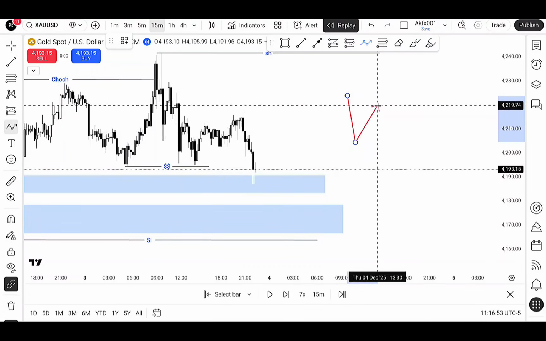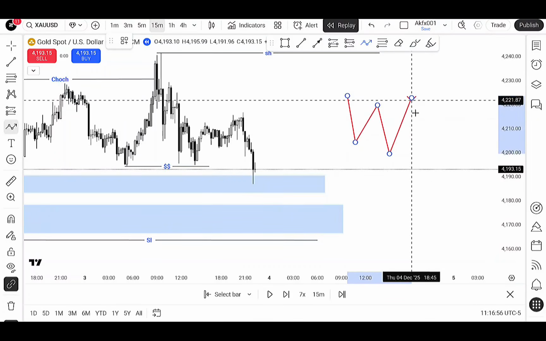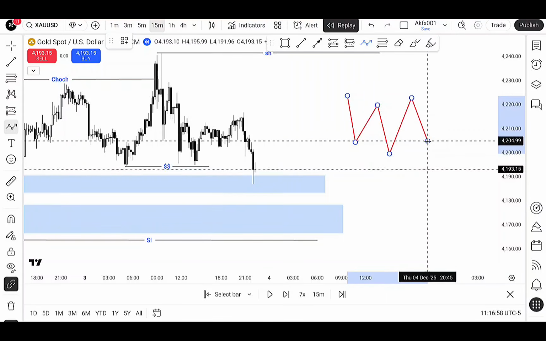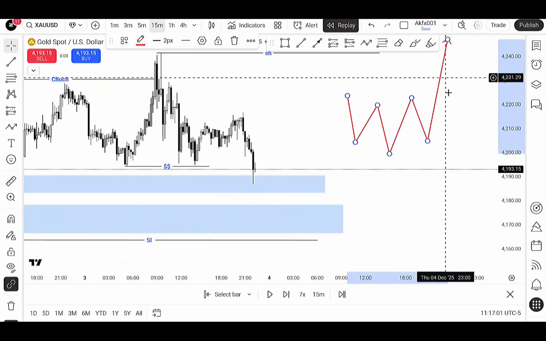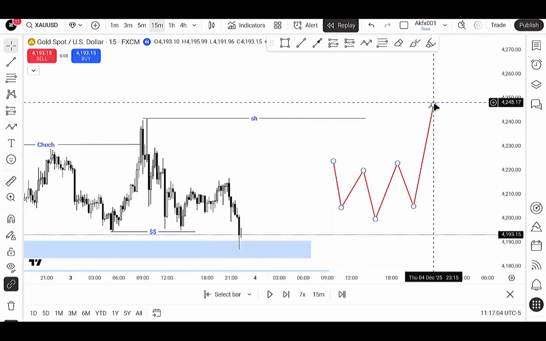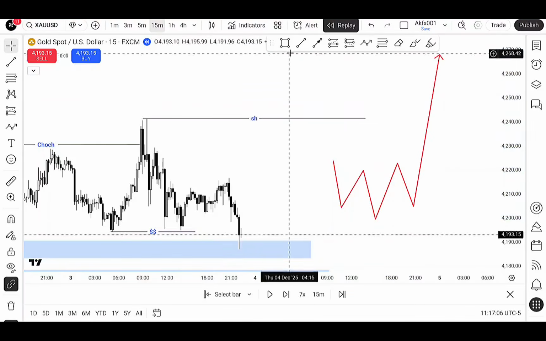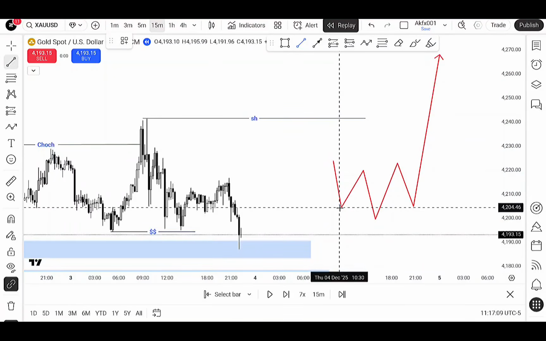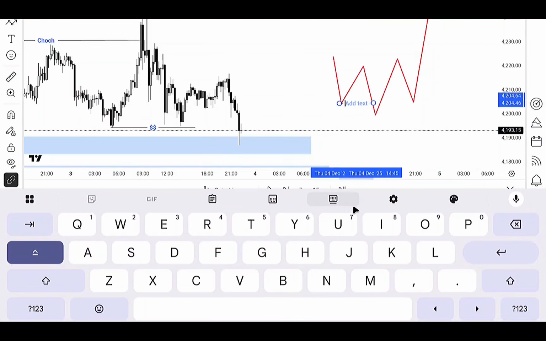What is LTC? LTC is a 1-minute time frame type of confirmation that allows us to have a high risk to reward ratio trade and reassures us that our move is very much valid. So when we go to the 1 minute time frame, we want to see a break of structure to the downside. That's the last break of structure.